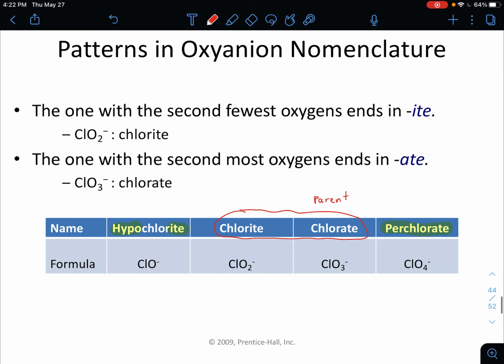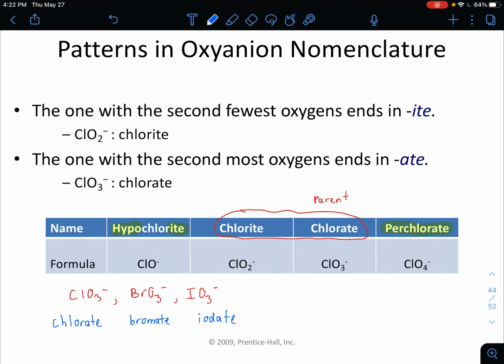But now you see there's 3 variations for this one. So it's only unique to chlorate, bromate, and iodate. Those are the only 3 where this rule is going to happen, where we have these 3 variations from the original parent.